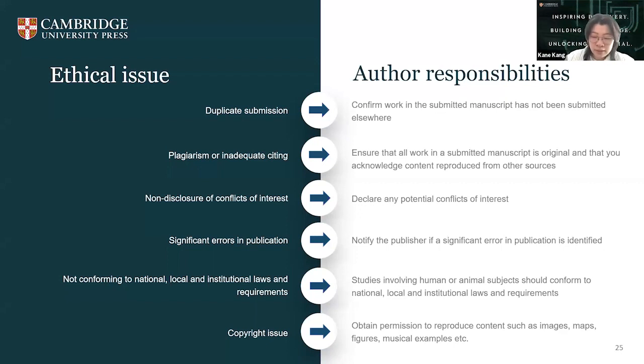So you might need permission from other articles for images or figures or maps or musical examples. In that case, you might need to contact the authors themselves, or you might need to contact the publisher to get permission to reproduce that content.